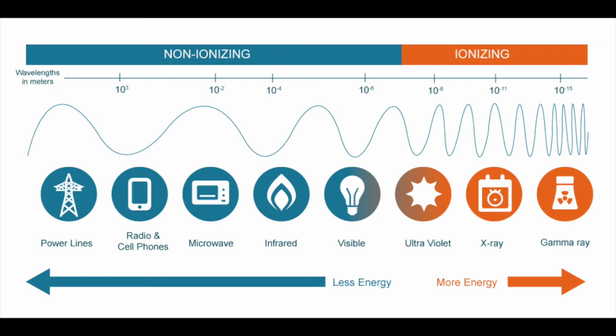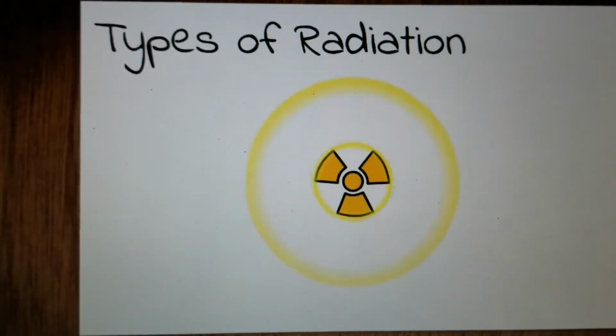Ionizing radiation, which is caused by unstable atoms giving off energy to reach a more stable state, is more of a health threat to humans since it involves changing the DNA molecules inside the cells.